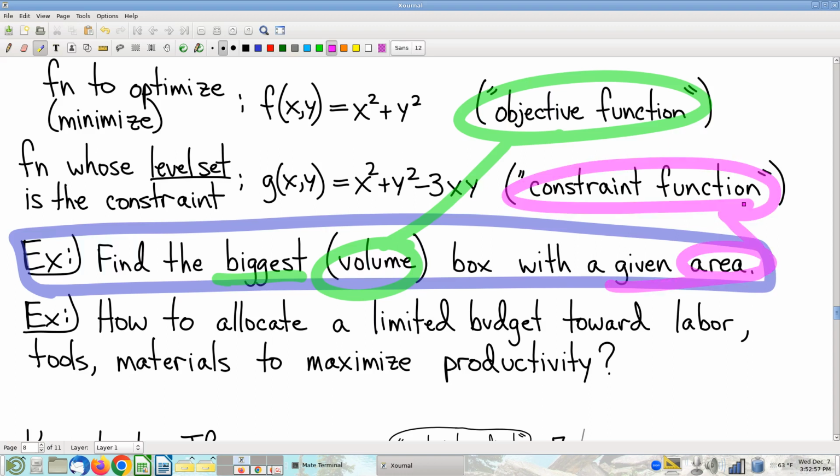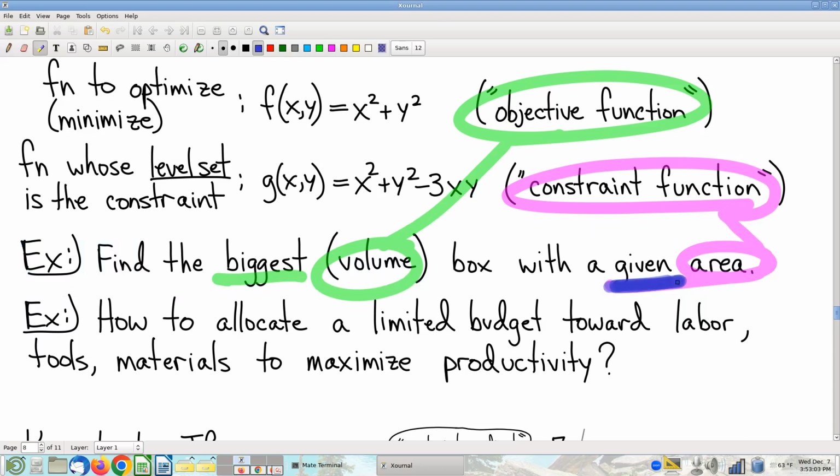Area is the thing that's fixed, right? You have a given fixed constant value. In other words, we're looking at a level set of the area function. All right, so it's a constrained optimization problem. Everybody with me? Okay.